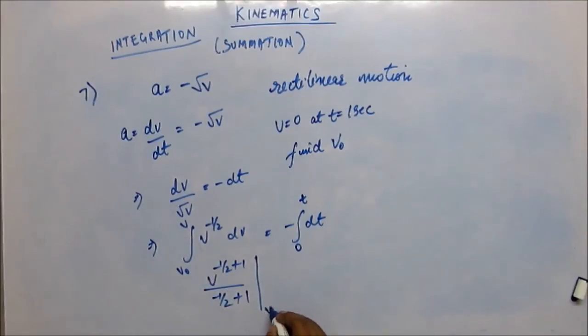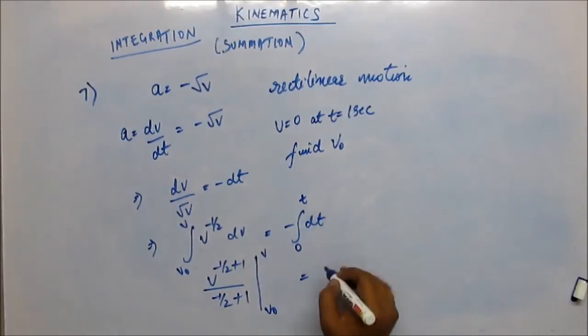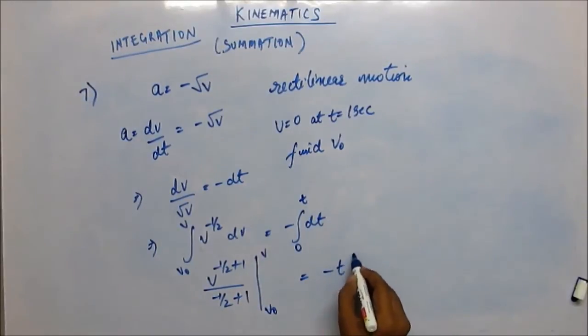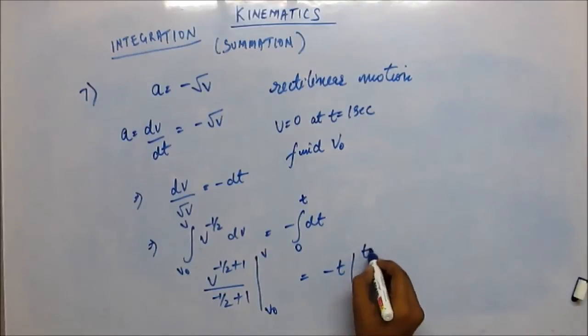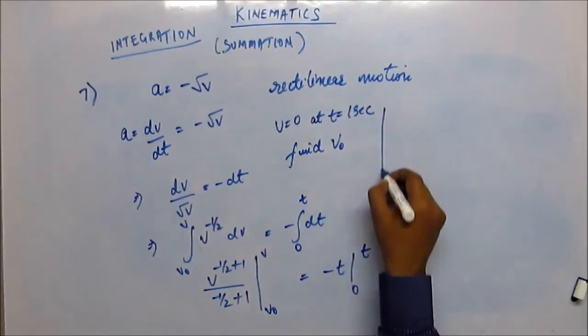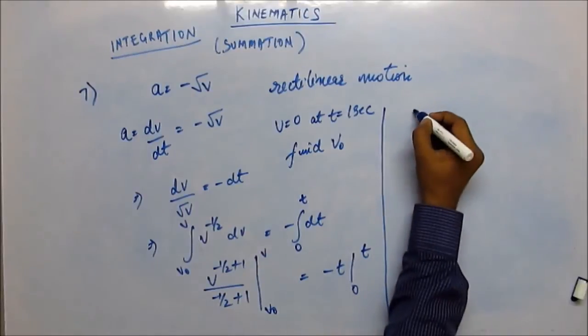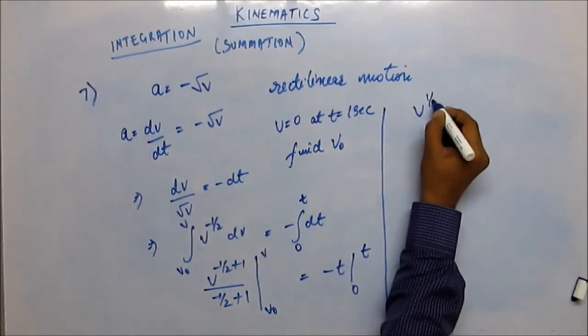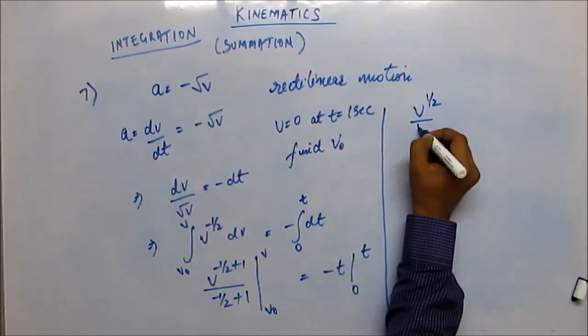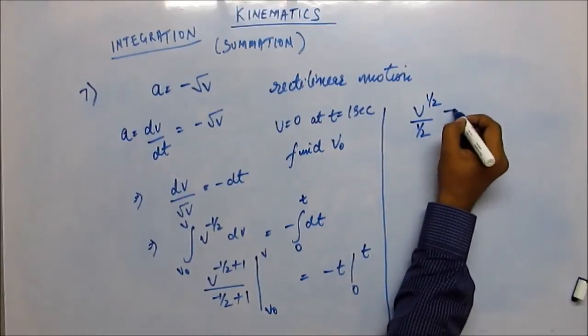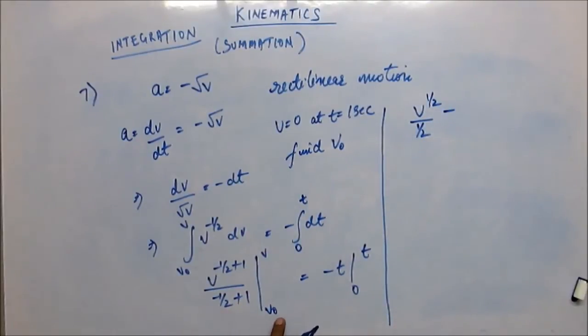We'll see how. v0 to v, we have done the integration. Integration of dt is t. It is simply minus t, 0 to t. Okay, now we put the limit. The idea of putting the limit is we put the upper limit first. So we just put v in terms of the variable. So v to the power half upon half, minus, then we put the lower limit.